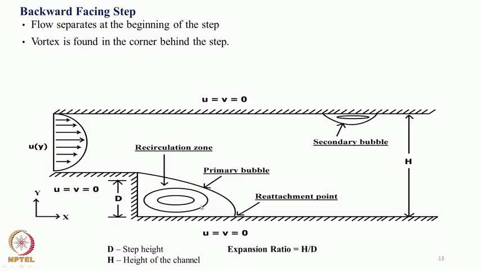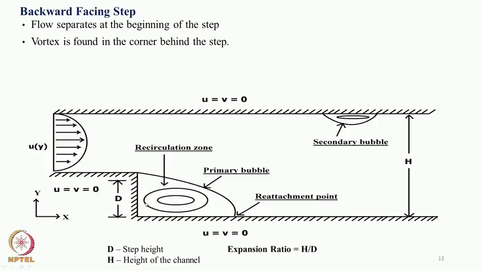This is a recirculation zone and there is an eddy and flow recirculating in this region. That means, if you define the x and y coordinate orientation as shown here, then with respect to the coordinate definition that you have chosen, for some part the u velocity is positive and for some part u velocity is negative.